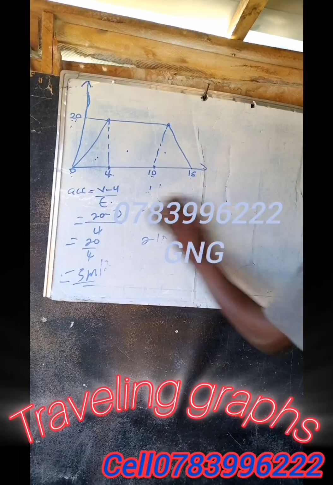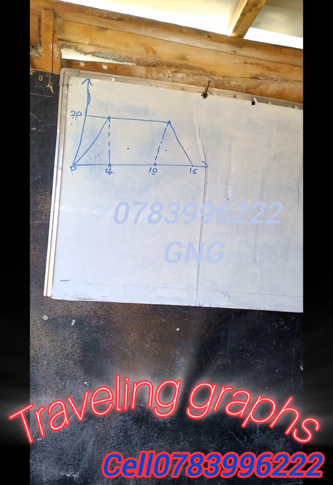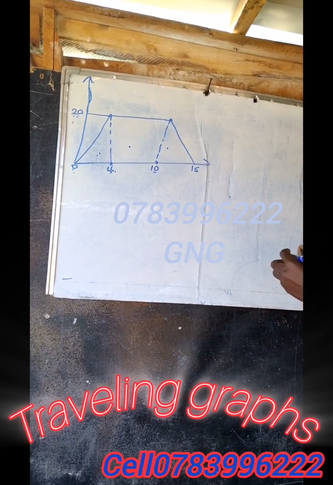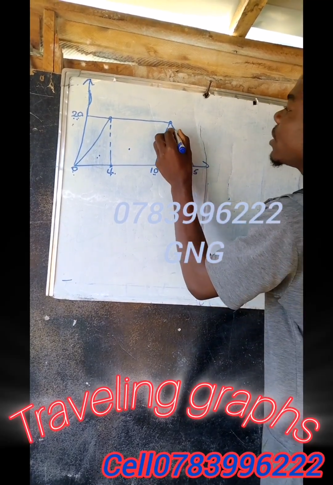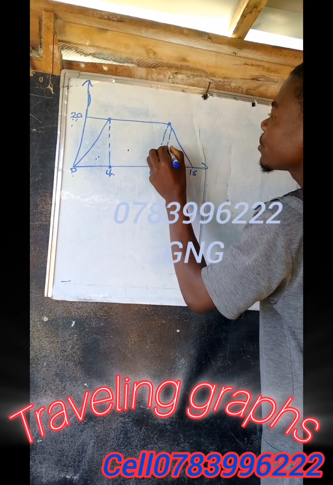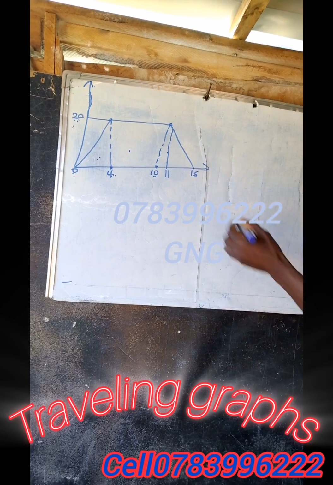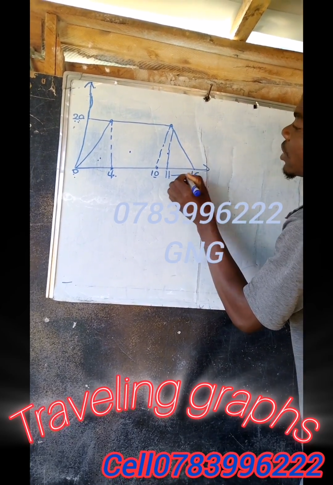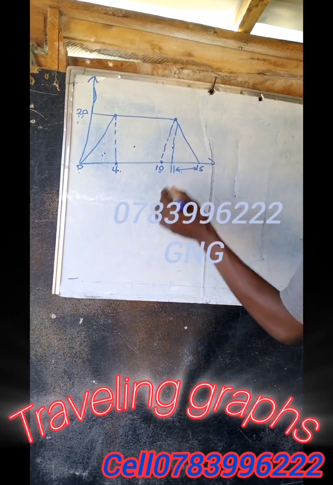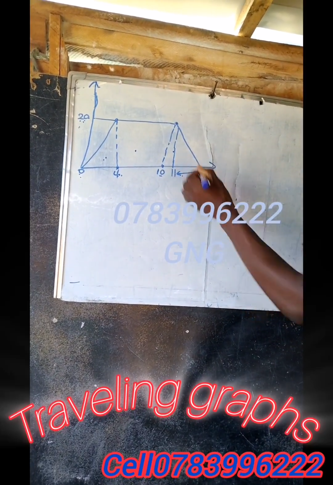Let us say, guys, given that, we may be asked to calculate the average speed in the last 4 seconds. The last 4 seconds ranges from 11 here. So first of all, I am going to find the gradient from here to here.